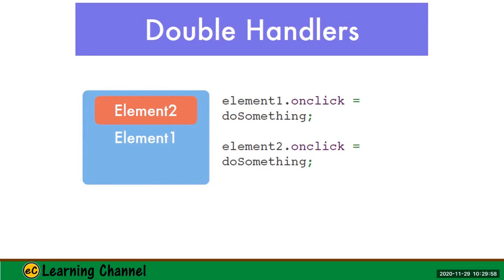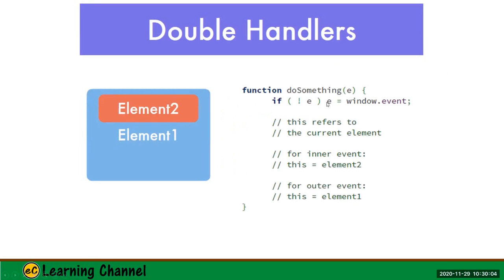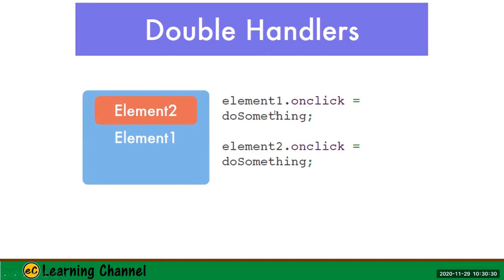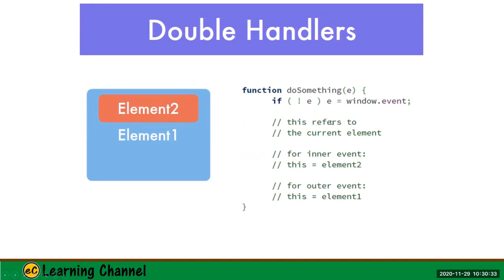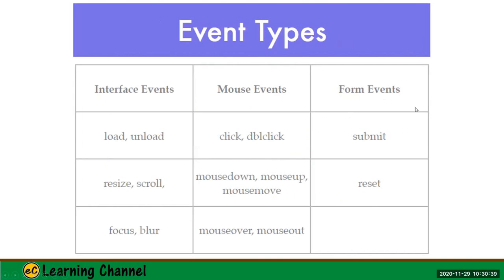There are some detailed things that need to be handled. Not so simple, okay? So here we have do something, and then we will talk about it, that if there's an event, we will do work on the event and make sure that for the inner event, it will actually use element 2, you will do something about element 2. For the outer event, even though it will do something, that do something is a handler, maybe okay for both, as long as you catch the event E. Is that okay? So that do something can be used for different ones. We will talk about it later.